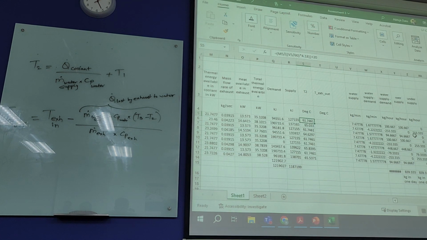How many are there? B7. Oh, there's one missing. How many kW columns are there? 1, 2, 3, 4. So that's B in there, D in, you're missing B.